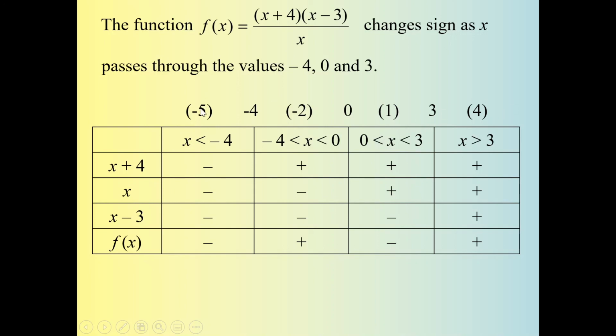By substituting -5 into all the factors, we will get the signs. For example, -5 + 4 equals -1, a negative sign there. -5 - 3 is -8, a negative sign there. Similarly, we can substitute all these numbers into all the factors.